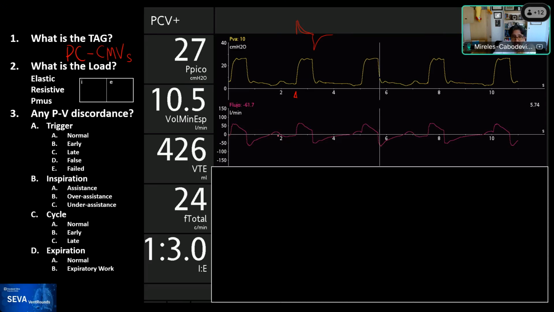Then I look at my expiratory waveform, and you see the exponential decay, and it returns to baseline in a relatively good time. So I would say that probably the load is mainly elastic, which is the normal feature. You normally have more elastic load than resistive load. But I do see some PMOS without a doubt.